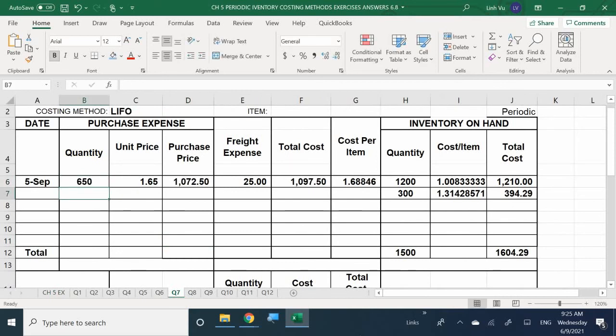650 at a dollar 65. So here it should be 1,072.50. Yes, ma'am. So sorry, I made a typo. It's supposed to be 650 at a dollar 65.